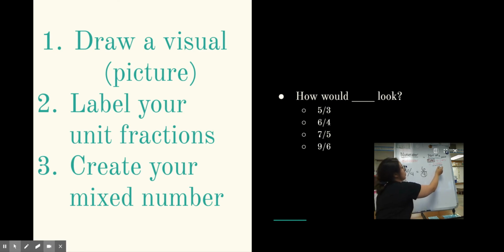So if we were going to do our circles this time, there are 4 parts in a whole. It says that we want 6 total parts, but there are 4 in one total piece. So this right now is 4/4.